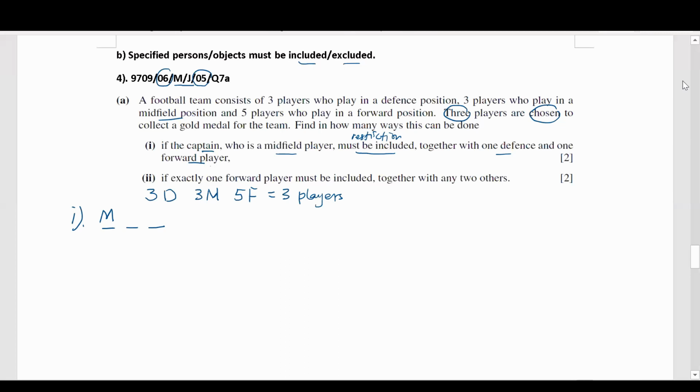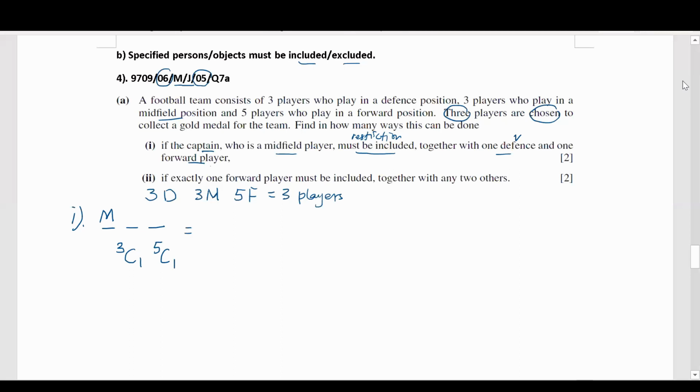And now, together with 1 defense, and we have 3 defense, and we select 1, so the number of ways is 3C1. And 1 forward player, and there are altogether 5 forward players, so out of 5 forward players, we choose 1, which is 5C1 here.